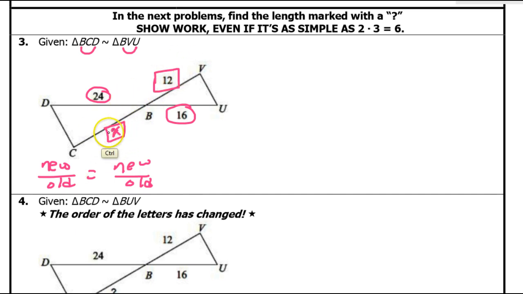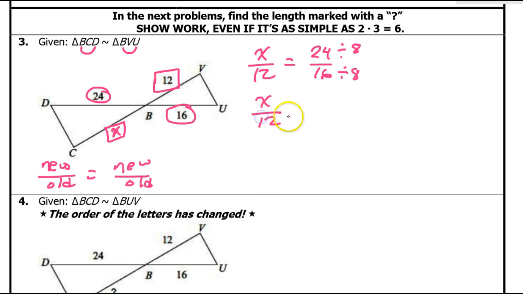So for example, I can do x over 12, and then that will equal 24 over 16. Square over square is equal to circle over circle. Both of these are divisible by 8, actually. I started to say 4, but then I realized 8 worked. Go with the bigger number.